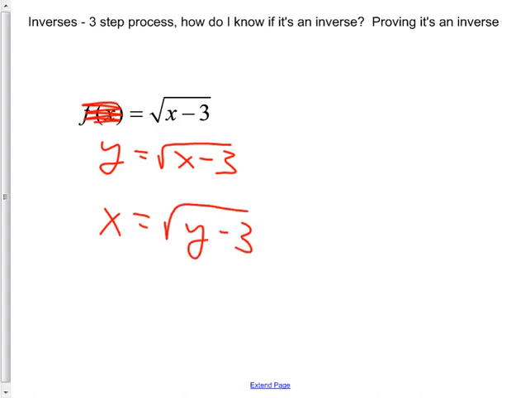What's the last step? Seems like you guys have forgotten this. It's a good reason to review it. Would you write that down, please? Just the last step I wrote. X equals square root of y minus 3. And solve it for y. Get the y alone. Once the y is alone, you'll have your answer.